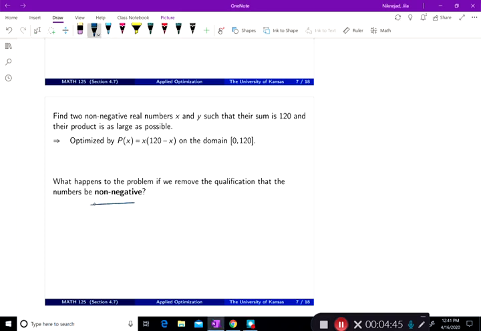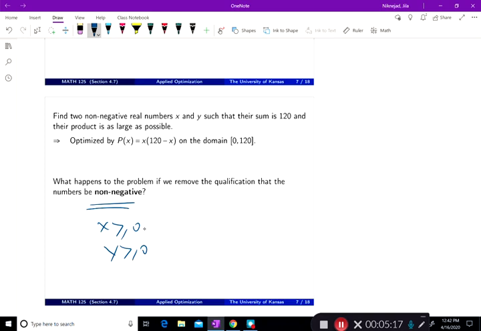What if I remove the two non-negative from the question? Then instead of x being bigger than or equal to 0, and y being bigger than or equal to 0, you will have x to be any values that you want, and x and y both are going to be any real numbers, and when you add them up together, they have to be only 120.